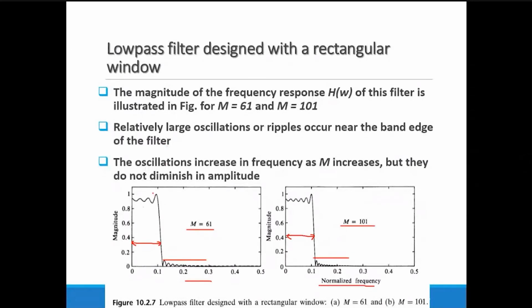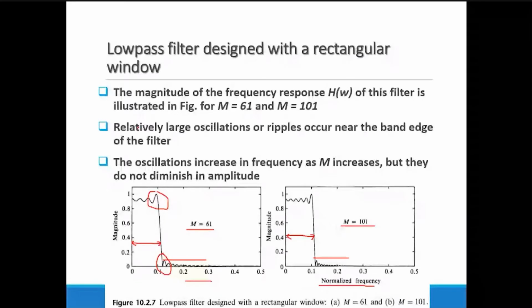This is the pass band edge and this is the stop band edge. So near the edge frequencies, we are getting large oscillations, or we can say more ripples.